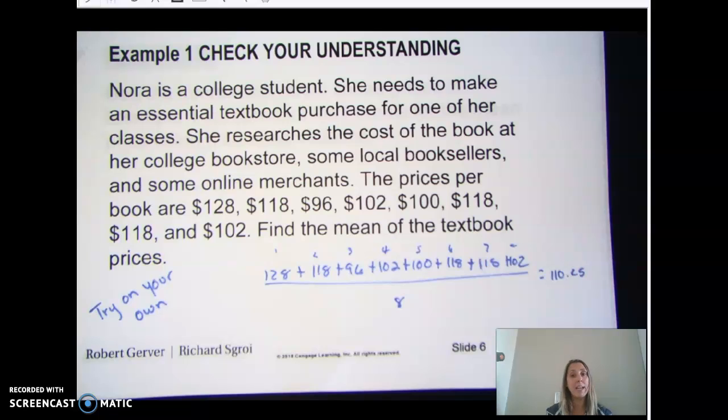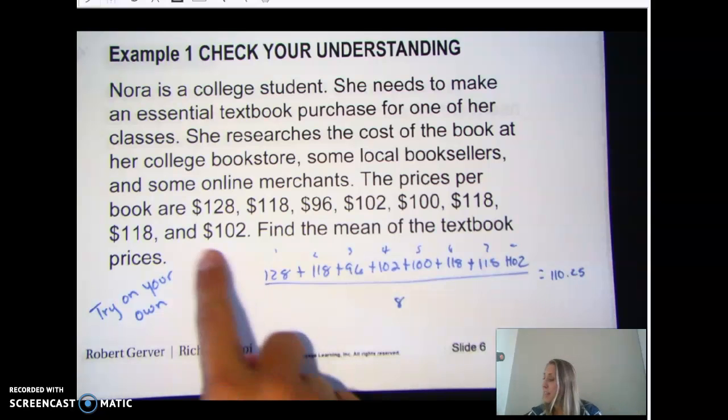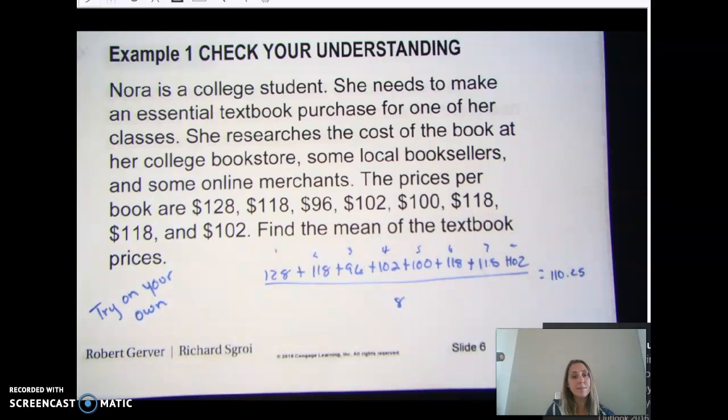So I divided by 8 and I got 110.25. That will probably help her determine where she wants to spend her money. So if the average price is $110, that $96 is probably going to be the best deal that she can get. She could also just see that every other price is higher.